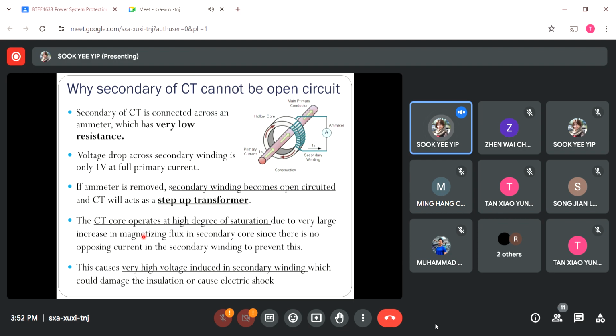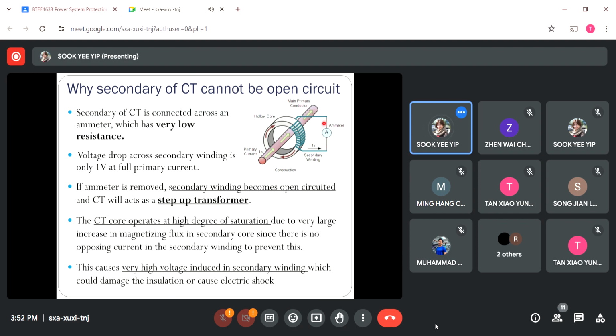Whenever we have high flux, it will also induce a high voltage at the secondary side. That's how it turns into a step-up transformer. So what happens if we have high voltage here? High voltage will damage the insulation, and it has a tendency to cause electrical shock to the users. So if we have an energized current transformer, which means you make use of it for current measurements, you can't leave the secondary side of the current transformer open circuit.